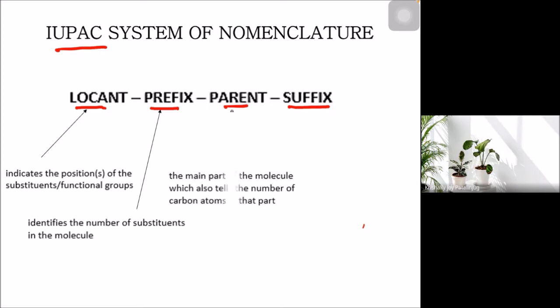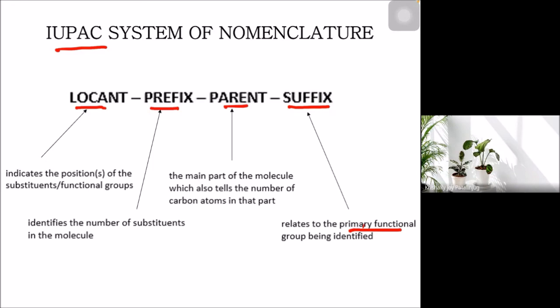And then the parent name is the main part of the molecule, which tells us the total number of carbon atoms in the longest carbon chain. And then the suffix, as I mentioned in the previous discussion, is the ending portion of the name that helps us identify the functional group present.